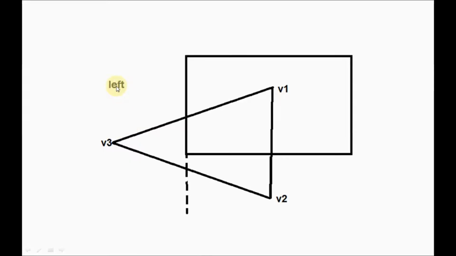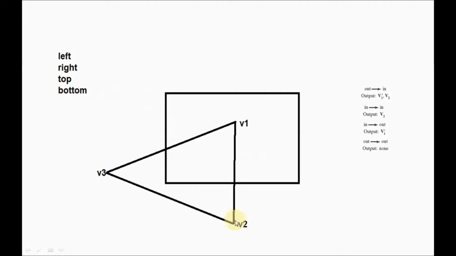One more important thing you have to remember here: I am extending my clipping window. This is the dotted line. Dotted line means I am extending my clipping window, starting from the left side. This is very important. When I extend the clipping window, what happens? Earlier V2 was outside the clipping window.